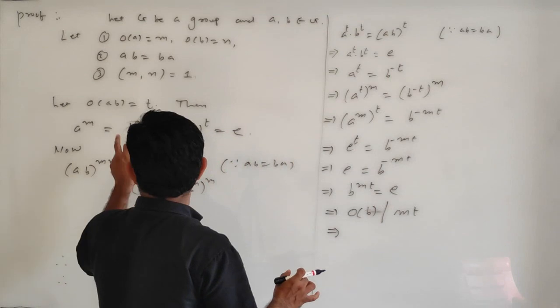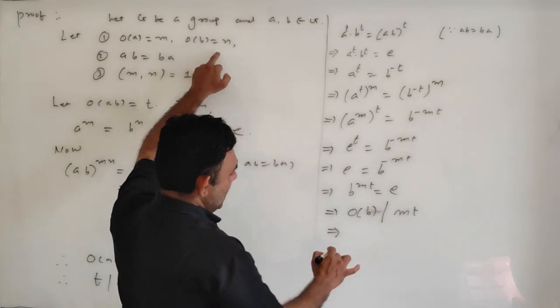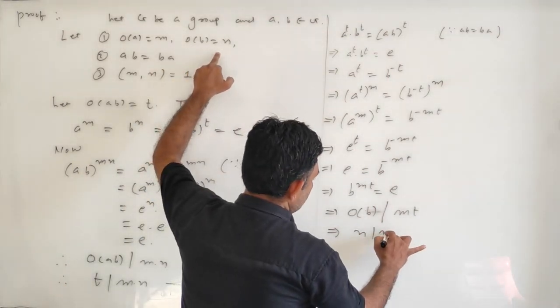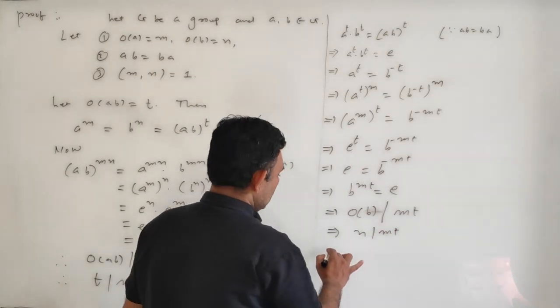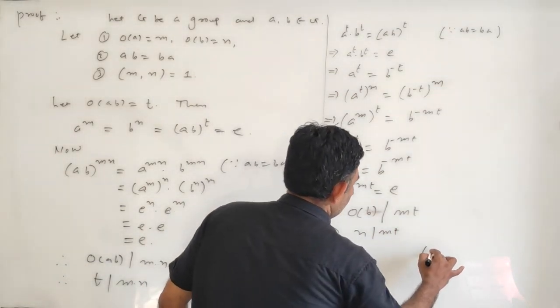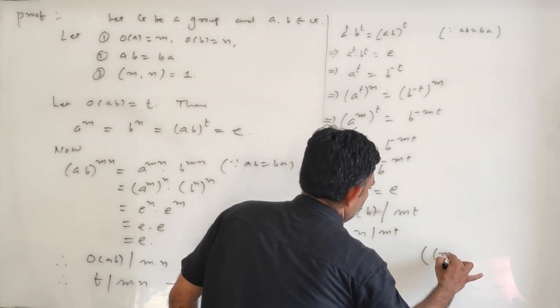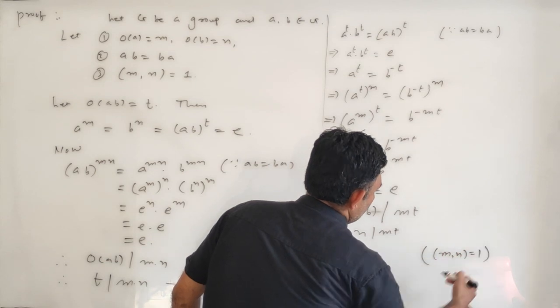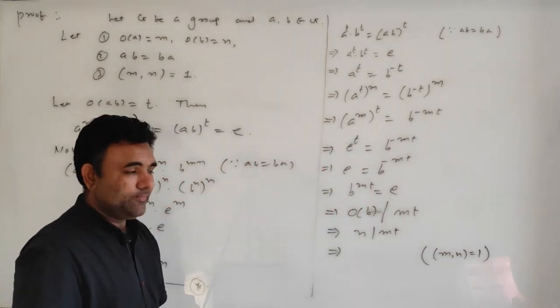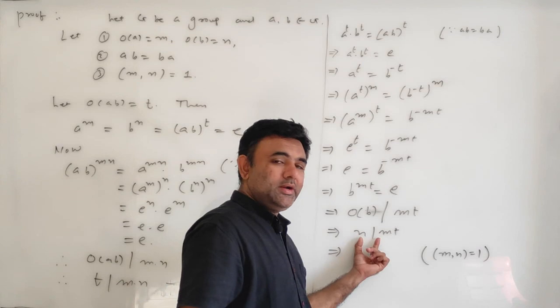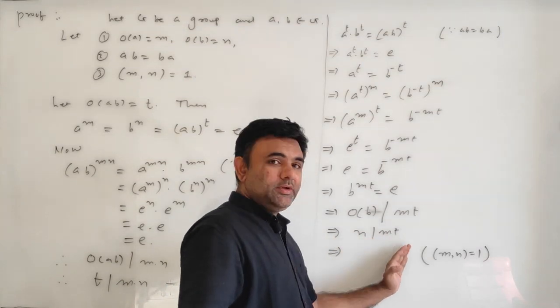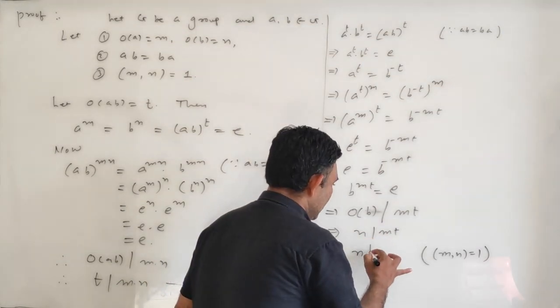The order of B is n. So n will divide mT. But GCD of m and n is 1. There is nothing common between m and n, and n divides mT. So it means n must divide T.